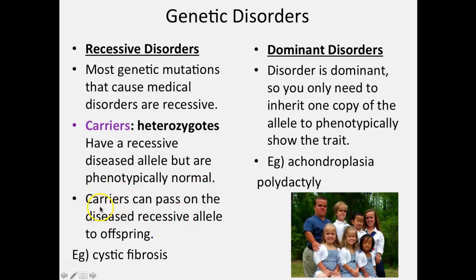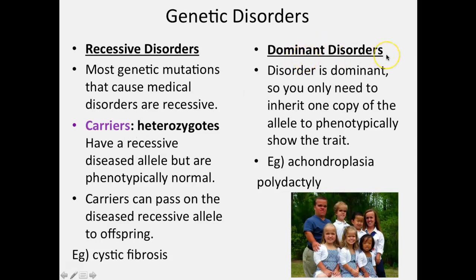However, carriers, right, can pass on that diseased recessive allele to your offspring. Cystic fibrosis works this way, okay? So carriers for a recessive diseased allele have to be heterozygotes. The term carrier means that you yourself are normal, but you're able to pass it on to your offspring.